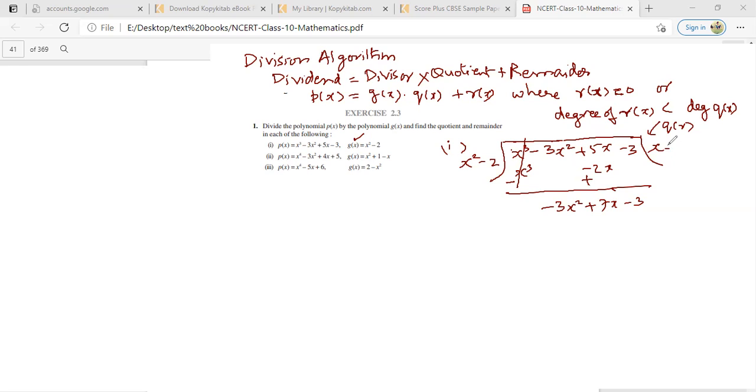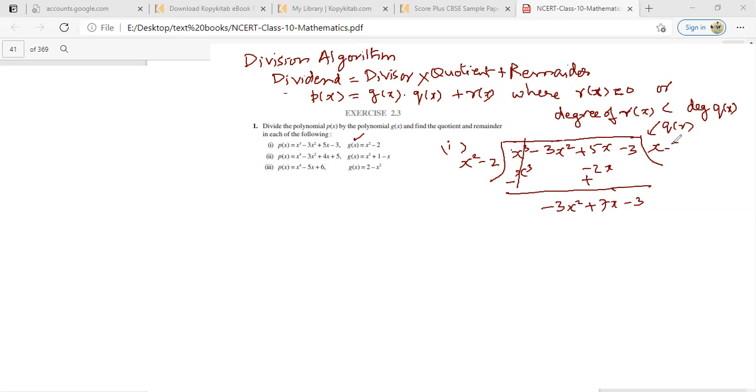Here the degree of remainder is 2 and the degree of quotient is 1.